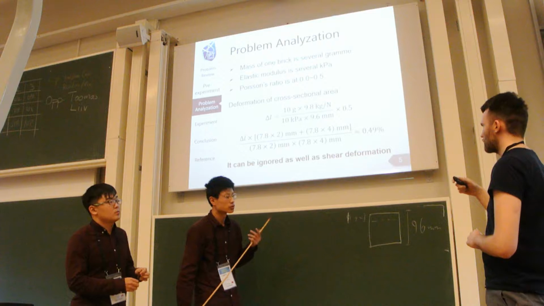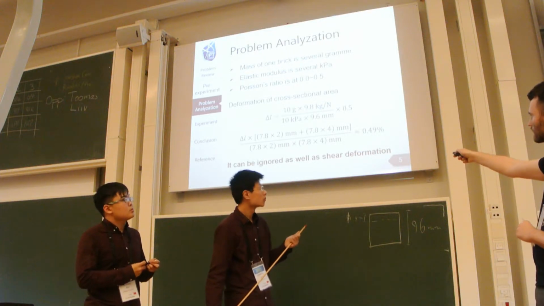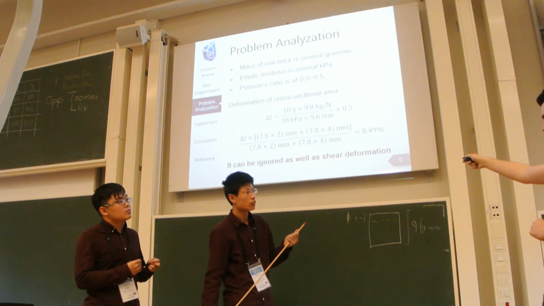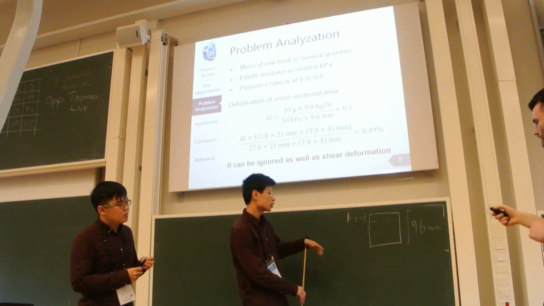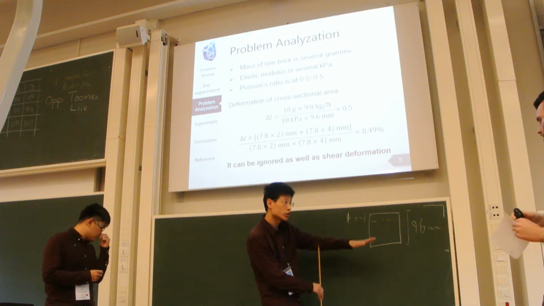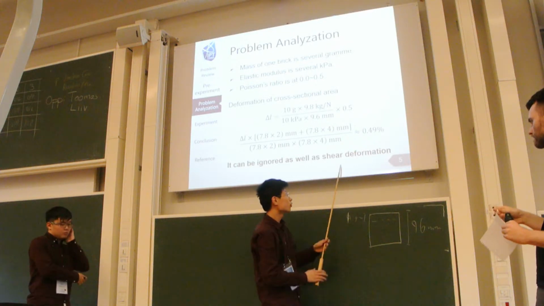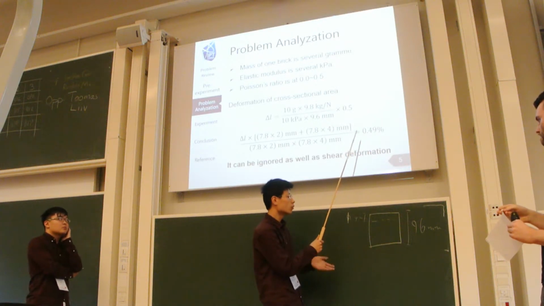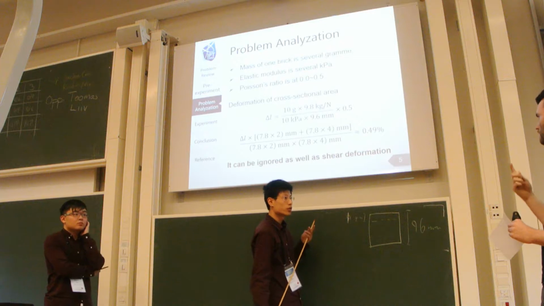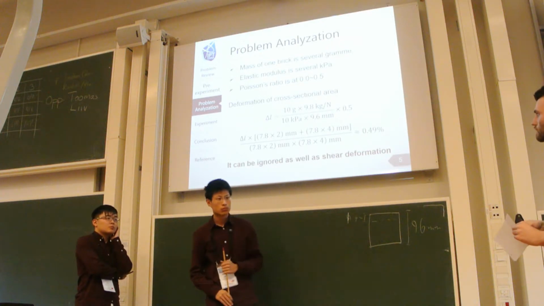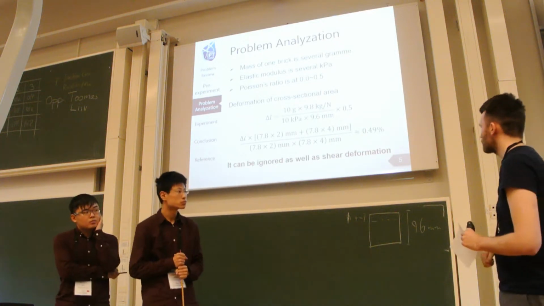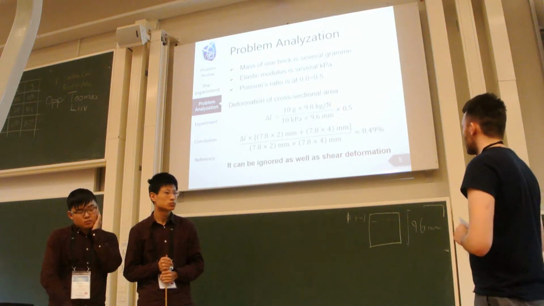Is this the calculation of the shear deformation, or is this something else? This is the deformation in the vertical direction, and the shear deformation will be no larger than this. Okay. I think you've done a really good calculation on this.